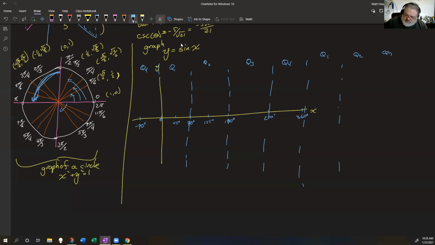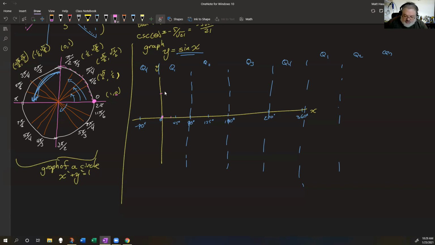All right. Now, if we're going to graph our sine function, let's look at what that sine function does. That sine function is supposed to be the y values on our circle. So if we start at an angle in standard position of 0, either degrees or radians, if we look at what happens in quadrant 1, well, it starts with a y value of 0 and then increases to a y value of 1. So it's going to start at 0, goes to 1/2 pretty quickly, and then root 2 over 2 and square root of 3 over 2.